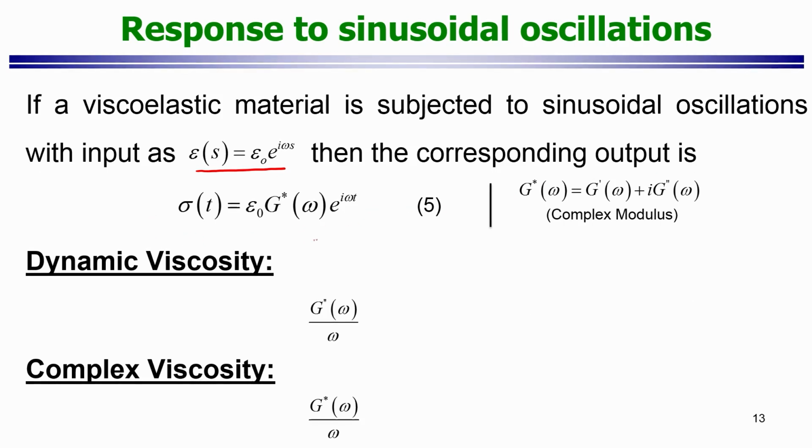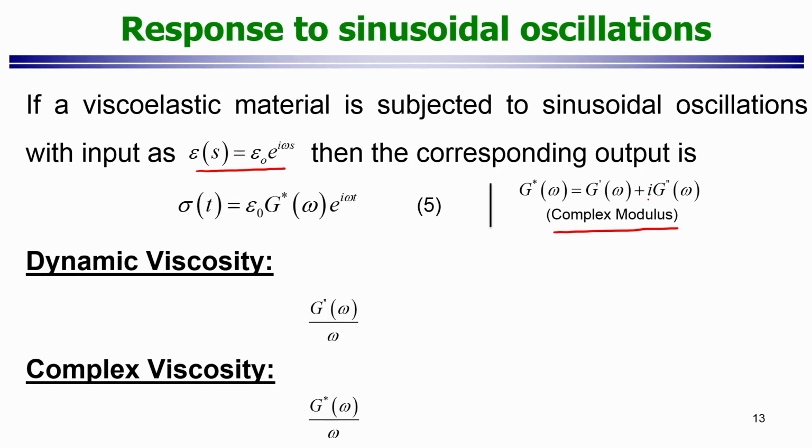This is a very simple equation here, but G dash now is a complex number, sorry, this is G star, not G dash. G star is now a complex number, and this complex number is also called the complex modulus, and this is given as G dash plus i G double dash.